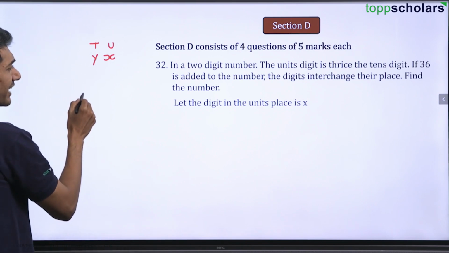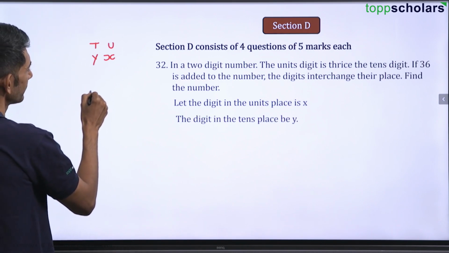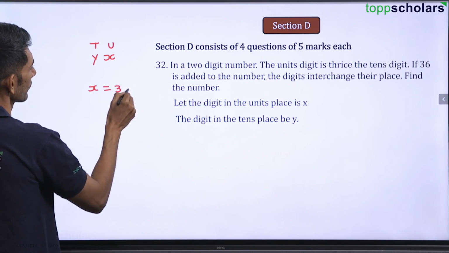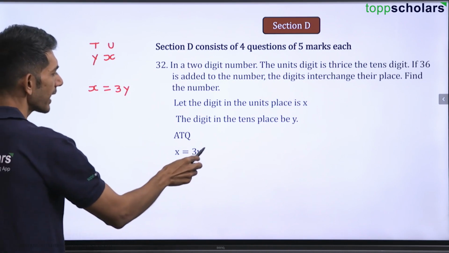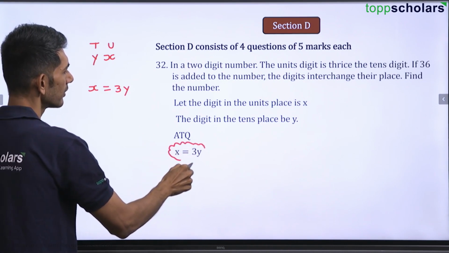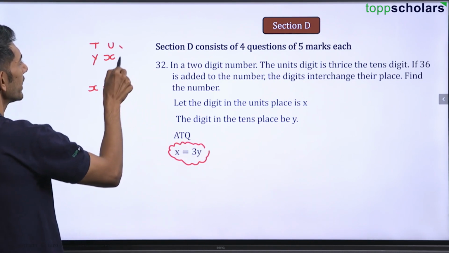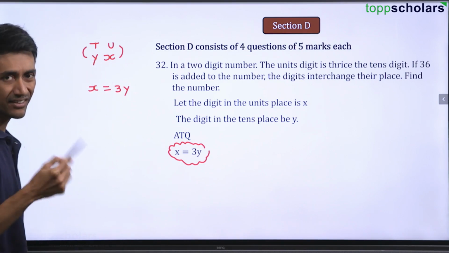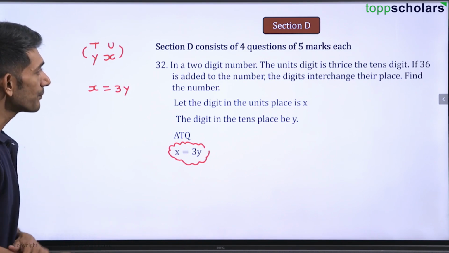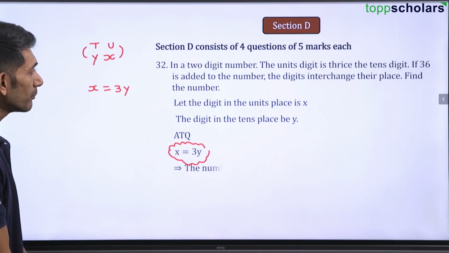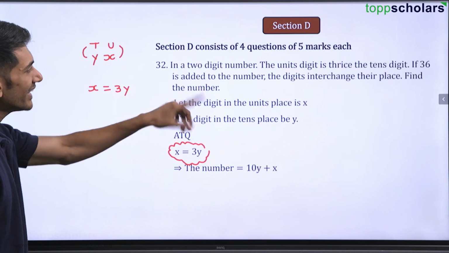So can I say x will be equal to 3y? So according to the first condition, x will be equal to 3y. I hope this is clear, because this unit digit is 3 times the tens digit.